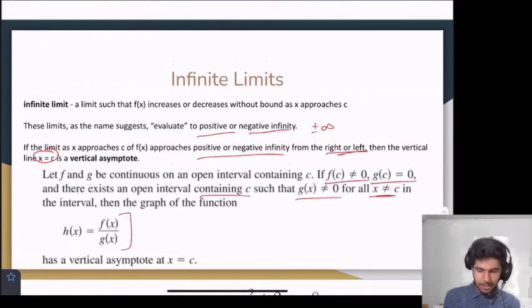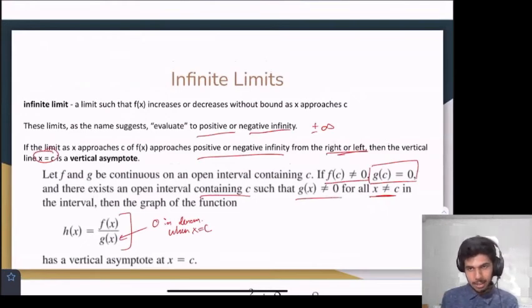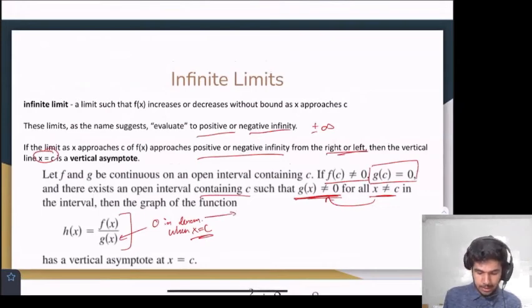And the main thing about this here is that g of c equals 0, right? So that would put a 0 in the denominator when x equals c. We don't have to really worry about when x is not equal to c, because we have g of x is not equal to 0 for all x not equal to c. But when this is true, we have a 0 in the denominator, and this is a sign of a vertical asymptote.